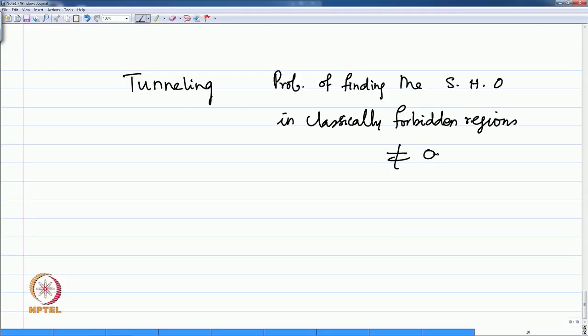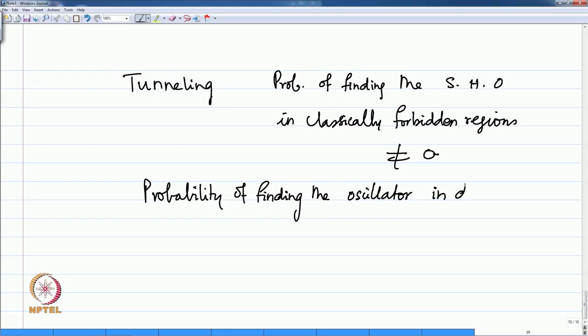Okay. Third, probability of finding the oscillator in different regions is different for different energies.